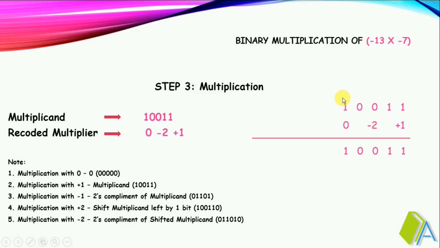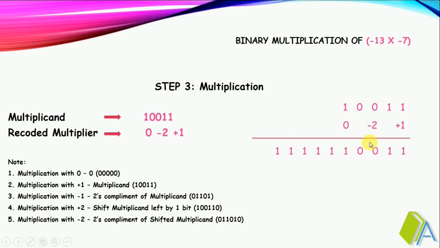Here my multiplicand and multiplier are 5 bits, so my product will have 10 bits. So I have to extend my partial product also up to 10 bits. How can I extend? Based on the sign bit. Here my sign bit is 1, so I have to extend with 1s up to 10 bits. I have already covered 5 bits, so I extend with 1 since my MSB is 1.